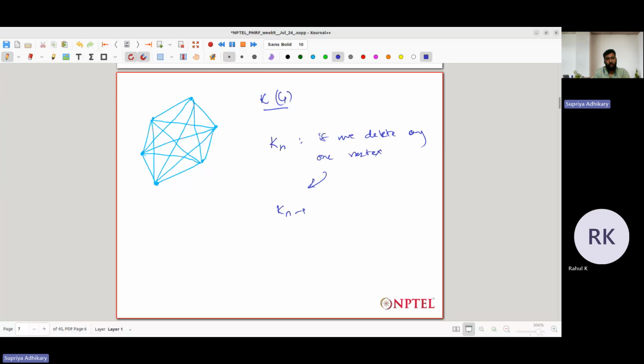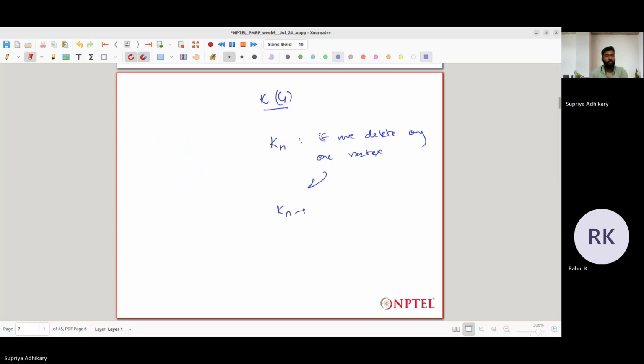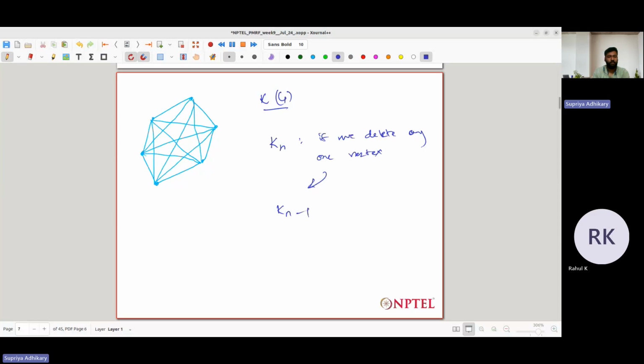And similarly, if we delete one vertex from Kn minus 1, that will give us Kn minus 2 and so on. So from a complete graph, if we delete one vertex, that particular graph will still be connected until and unless we delete all the vertices like this, so until basically we have only one vertex left.